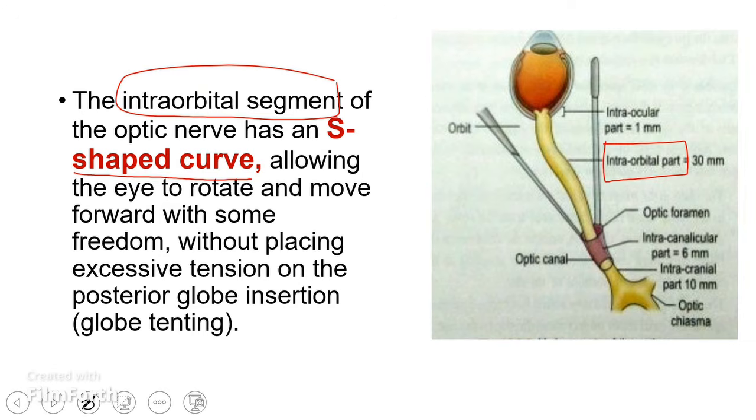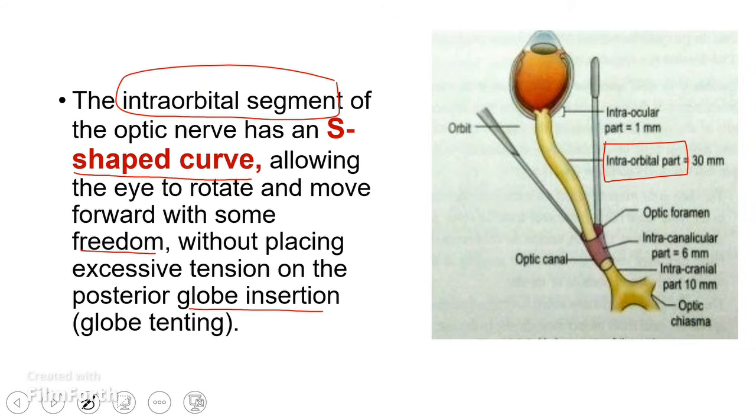The relevance of this point is that this sinuous path of the intraorbital part of the optic nerve allows the eye to rotate freely and to move forward with some freedom, without placing any excessive tension on the posterior globe where the optic nerve is inserted.